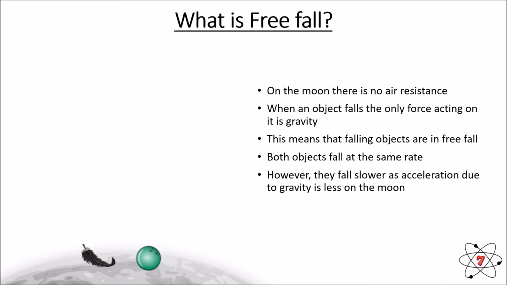So even though a feather has far less mass than a bowling ball, if only gravity is acting on it, it will fall at exactly the same rate as the bowling ball. Now on the moon, gravity is 1.6 meters per second squared, which is slower than on Earth, so the objects fall slower.